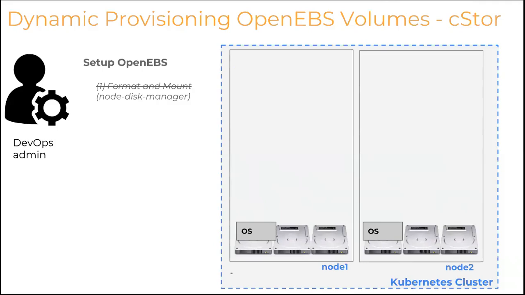So the Node Disk Manager daemon set only has to run on those nodes, where additional disks are available or can be provisioned. So Node Disk Manager is already running at this step.